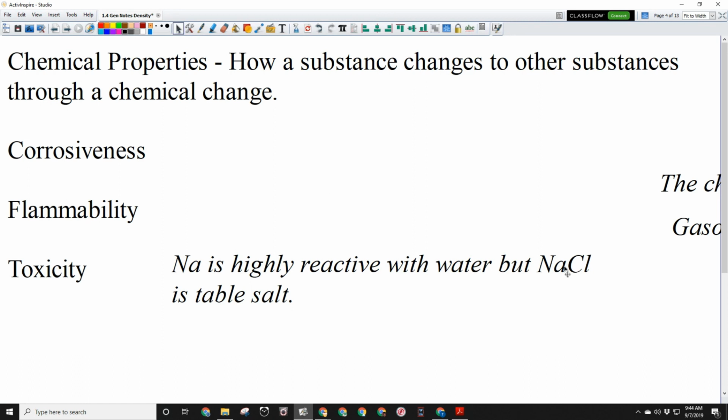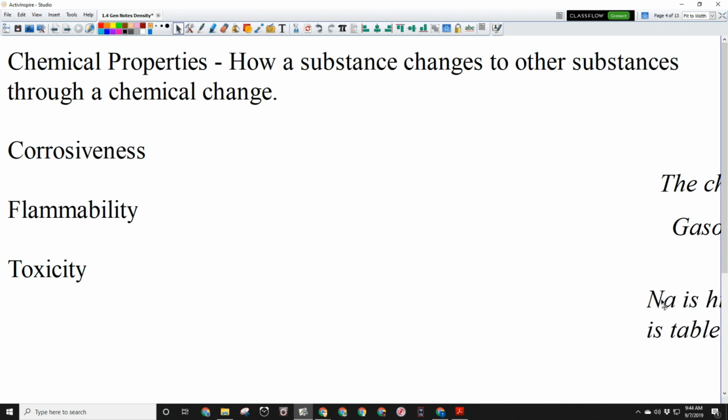But we combine these two, sodium and chlorine, together, and it goes through a chemical reaction. They bond together, and it becomes what? Sodium chloride, table salt. That's what the salt is that's on your table. So this is chemically changing. It's changing its properties to have new properties, and then it's no longer going to kill you. So those are chemical properties.